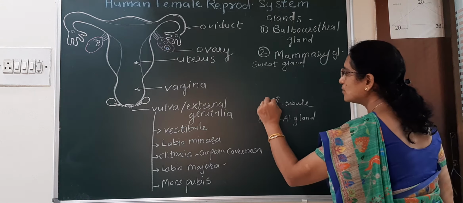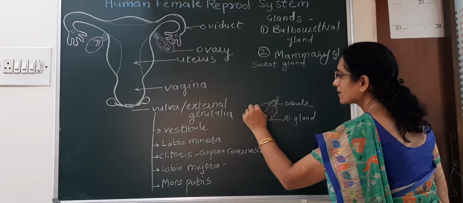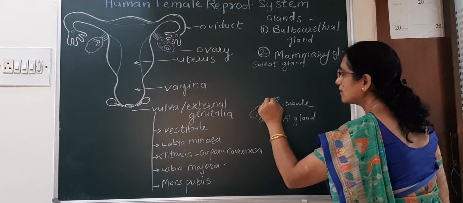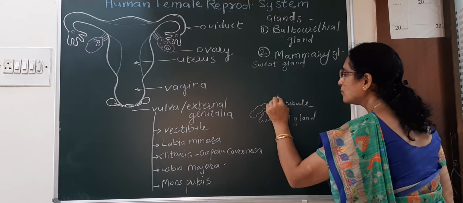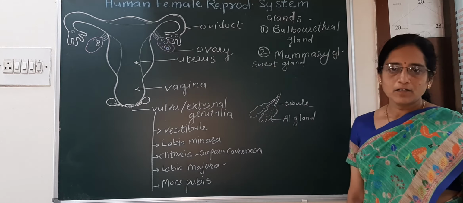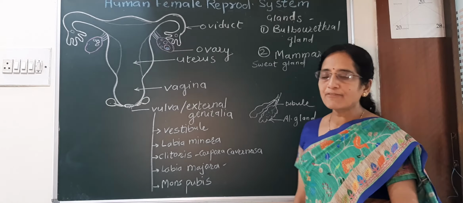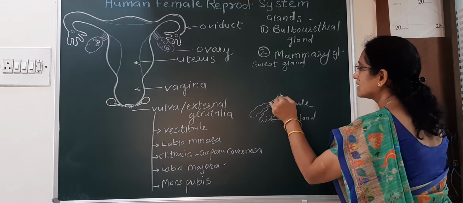So this is one tubule, and this is another tubule. The tubules of more than two alveolar glands form the mammary duct.